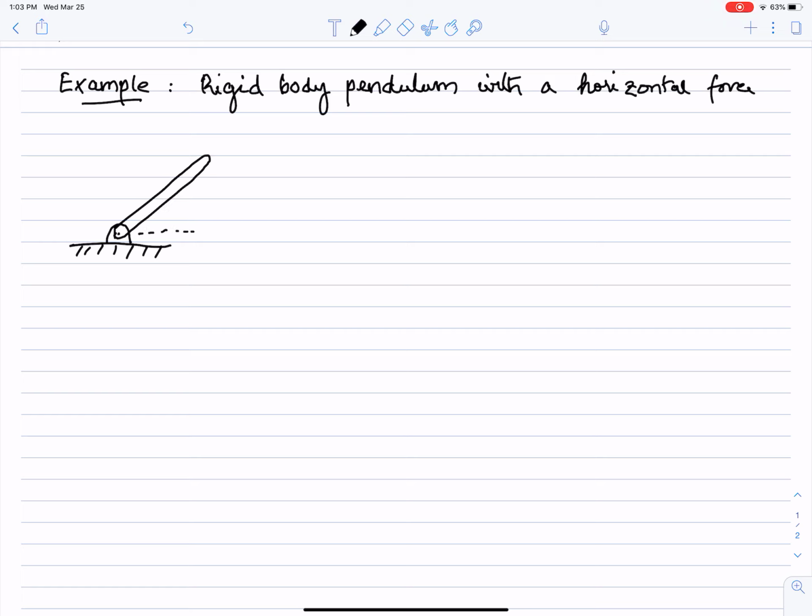So here's a pendulum, so it can pivot freely about this point, which let's call O. Let's call this angle theta, and this length L. And let's say there's a force F being applied on this pendulum at the endpoint, like so.